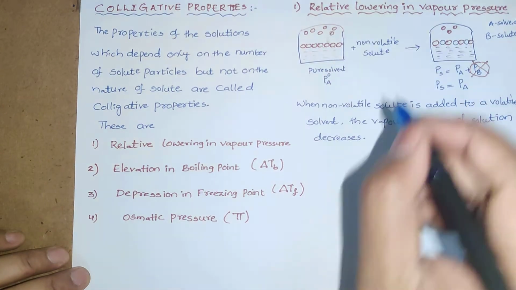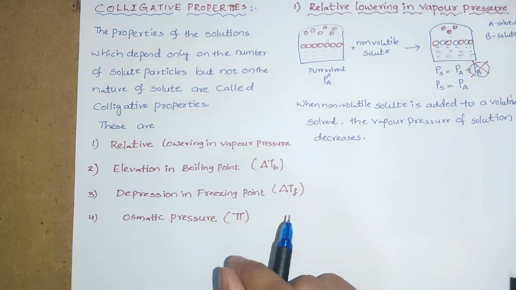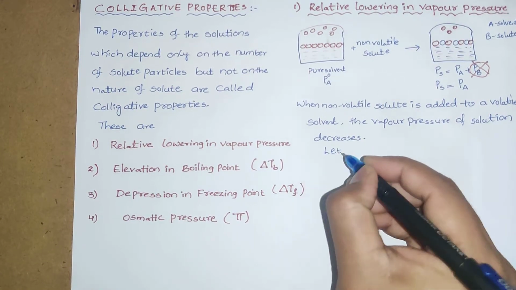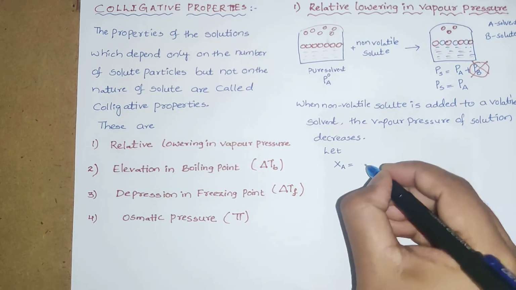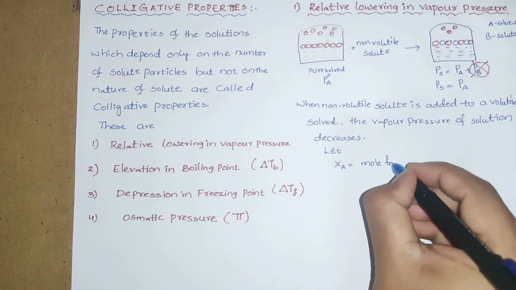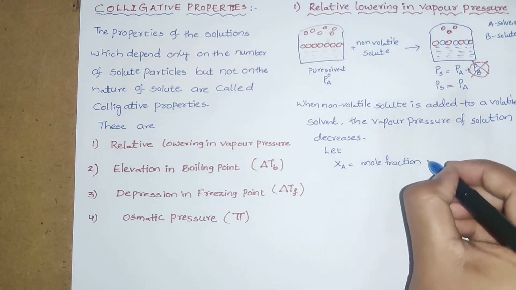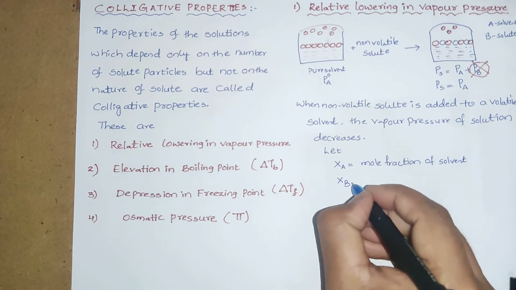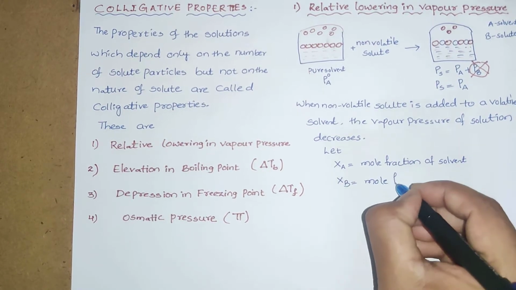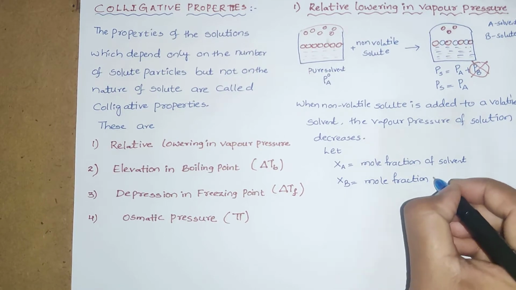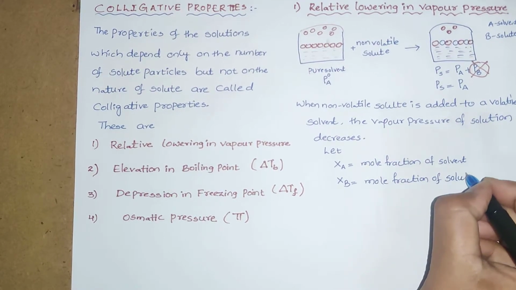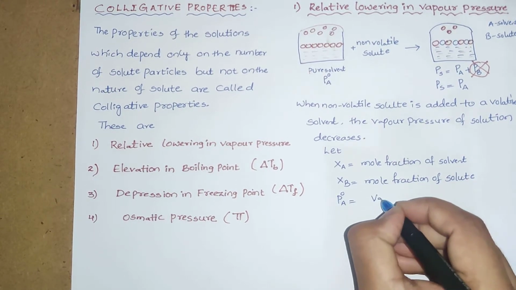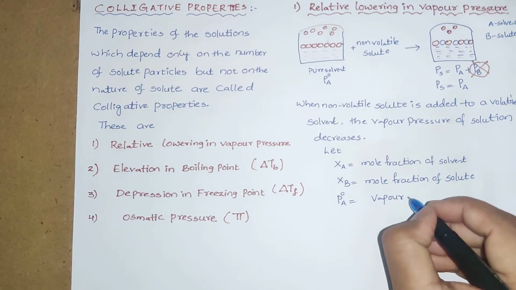Now, to get a mathematical expression for relative lowering of vapor pressure, let XA be the mole fraction of solvent, XB the mole fraction of solute. P naught A is the vapor pressure of pure solvent, that means only the solvent is present.